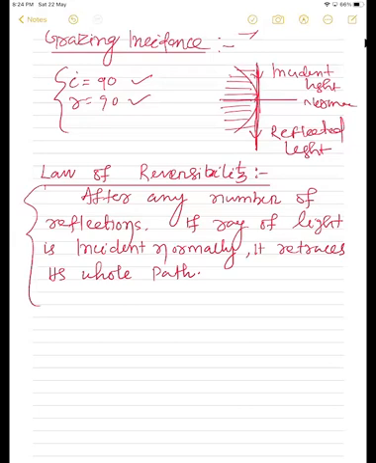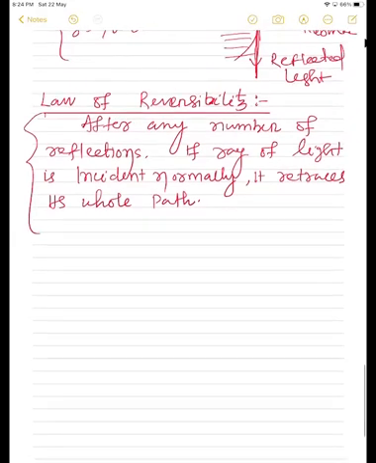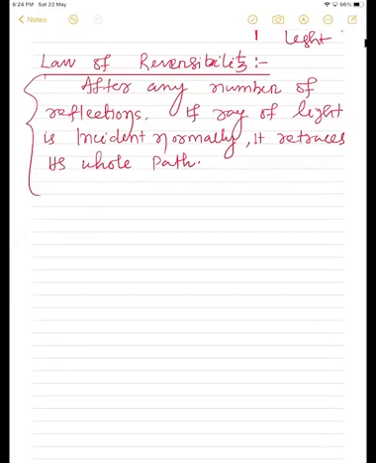Okay students, after that we'll go to types of reflection based on the reflecting surface, that is, from which surface the light is reflecting. On that basis we have divided reflection into two parts. There are two types of reflection.